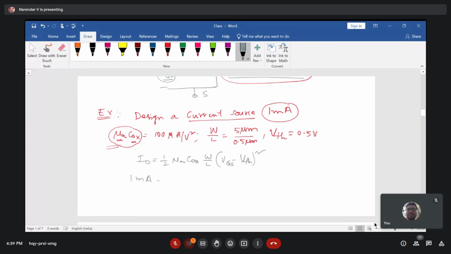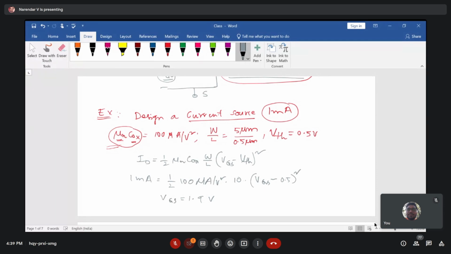Half mu n COX value is given, which is 100 microampere per volt square, and W by L is 5 micron by 0.5 micron, so it turns out to be 10, because micron cancels out, into (VGS minus VTH) whole square. From this you can easily calculate the value of VGS, which is 1.9 volts.